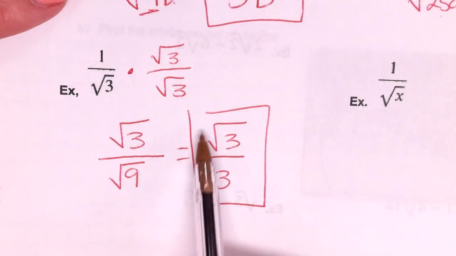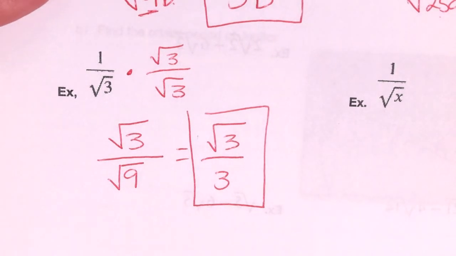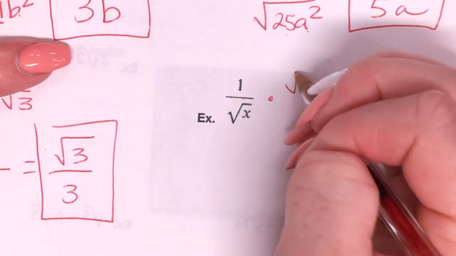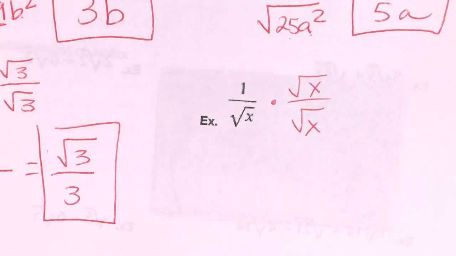Could you have a 1 out front if you wanted to? Yeah. Sure. Okay, try the next one on your own. You shouldn't be looking at mine until you're checking it.